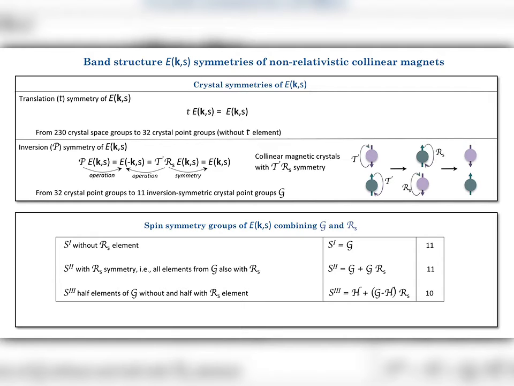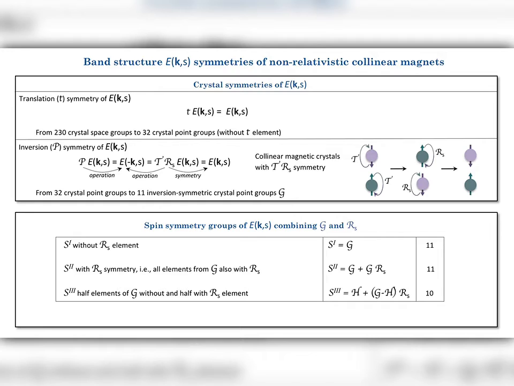But simultaneously, the combination of time reversal and spin rotation is a symmetry of a collinear crystal, because when I time reverse the spins, I flip them, and when I do spin rotation, I flip them back. So these two symmetry operations, time reversal with spin rotation and inversion, act the same way on the band structure.